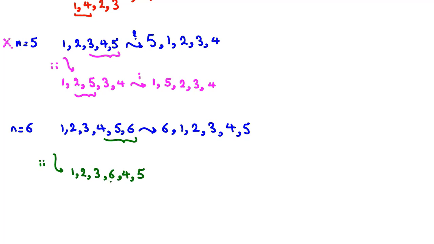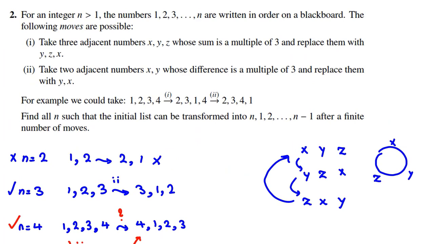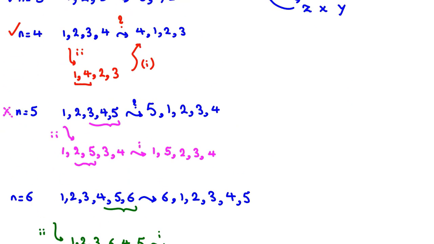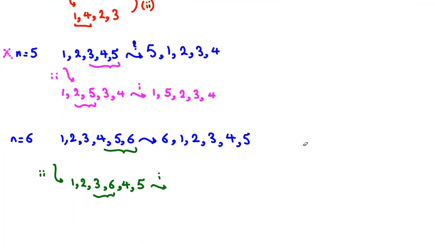Now, the second rule has only 2 elements, so I should correct that. Second rule, 1, 4, 3. So this was the first rule, this was the second rule. And this one, 1, 2, 3, second rule, no, first rule, second rule, and here.